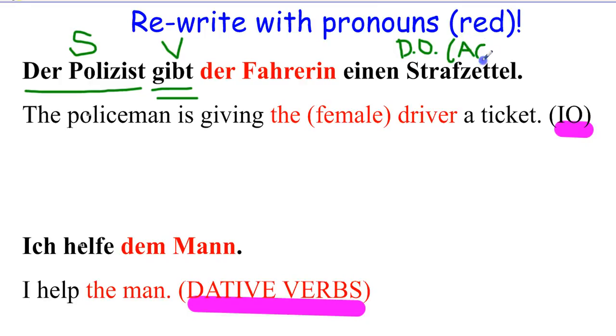You should have every single marking just like I have it. The police officer gives a ticket to whom or for whom? The police officer gives the ticket to the driver. So this is the dative case. Sorry, your writing's going to be much better than mine.